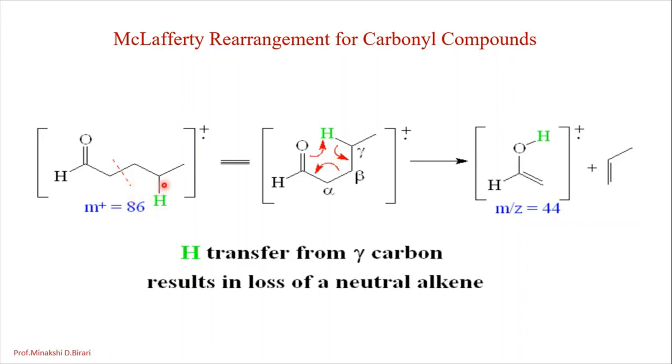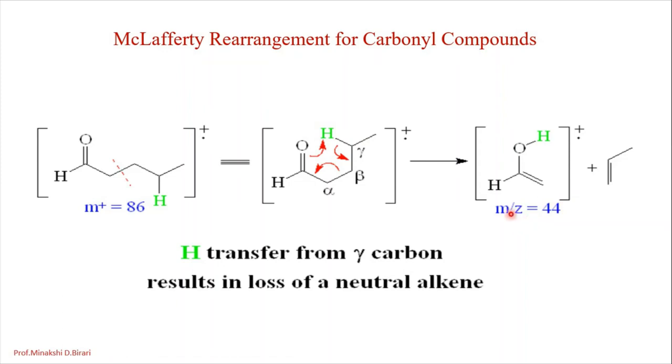So alpha, beta and gamma hydrogen. This gamma hydrogen can show the transfer towards the heteroatom and there is a formation of a six-membered transition state, further formation of fragment.